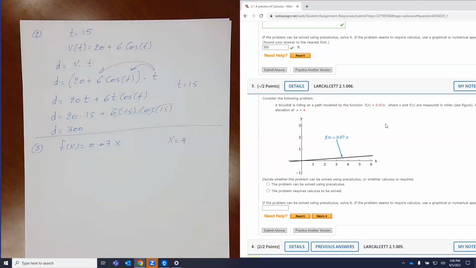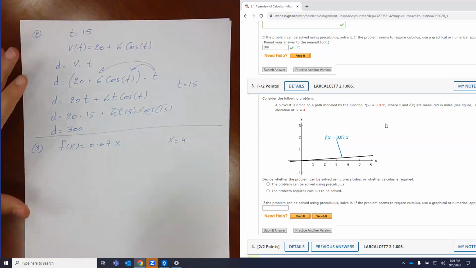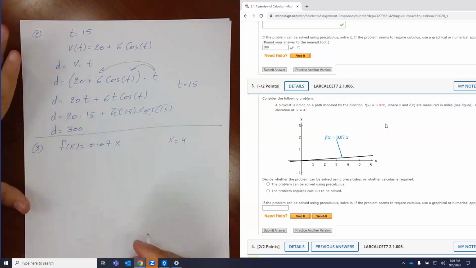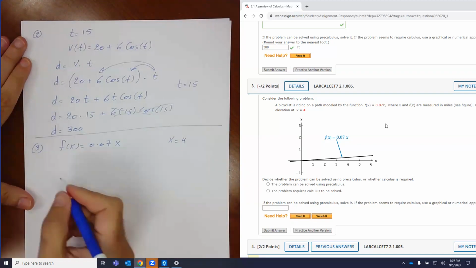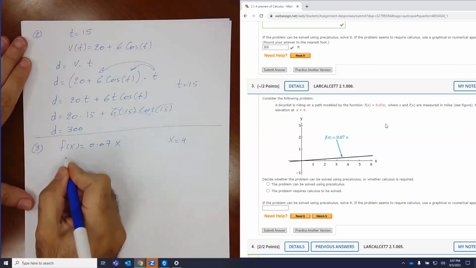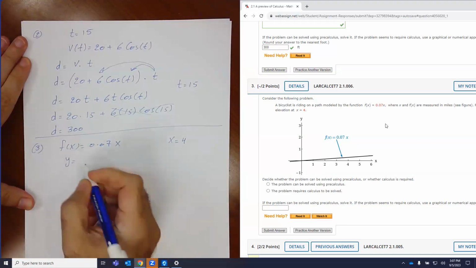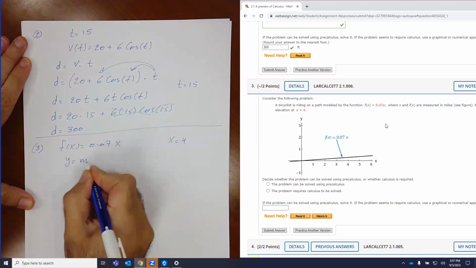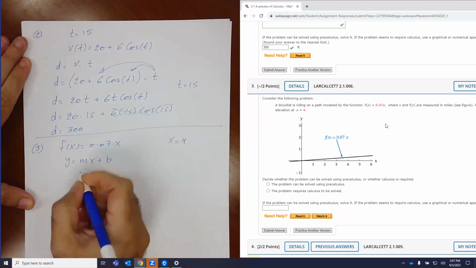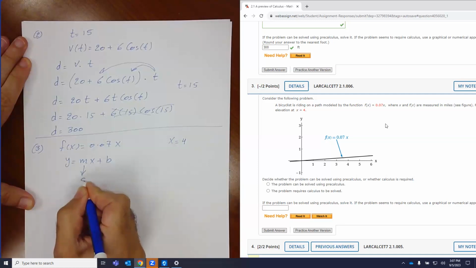So we need to find the rate of change. If you remember, the rate of change is the slope. The slope is the same thing as the rate of change. Now if I look at this function, I have to remember the slope-intercept form, which is y equals mx plus b. And here m is the slope, always.